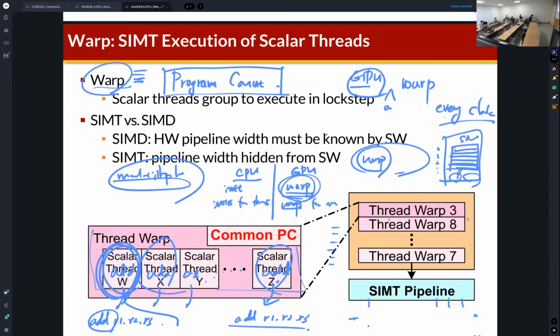That's how the GPU executes warps. I'll explain the warp scheduler later.